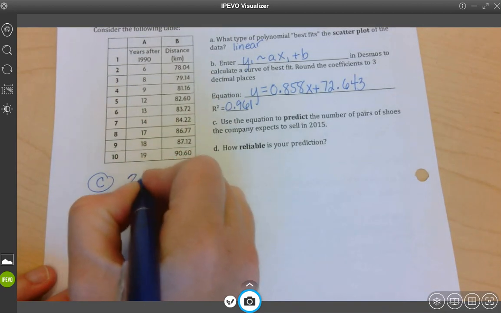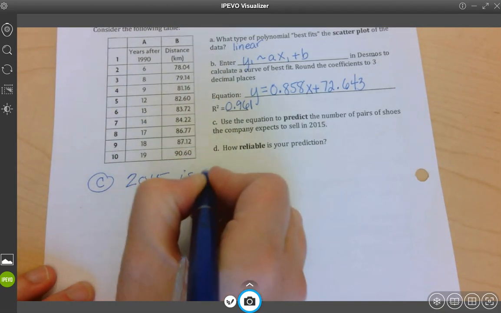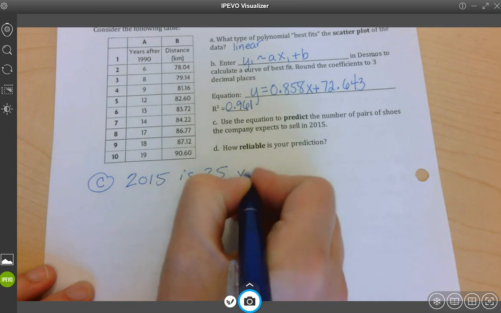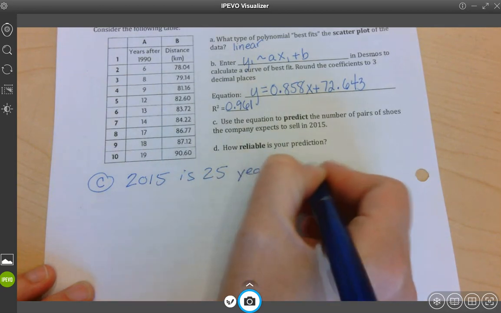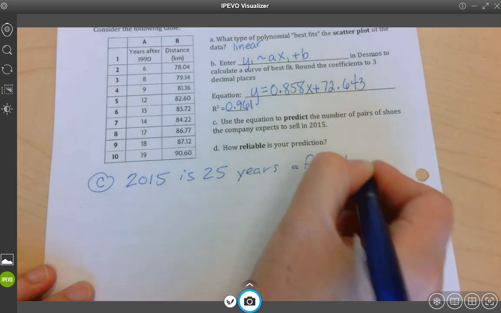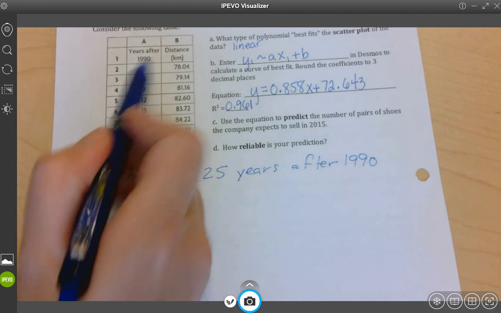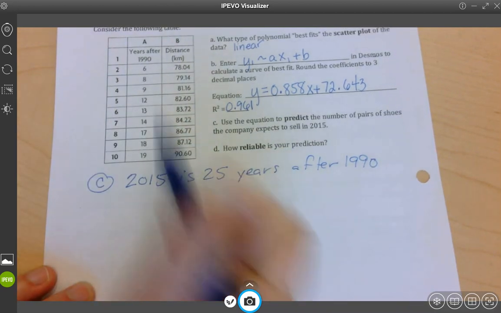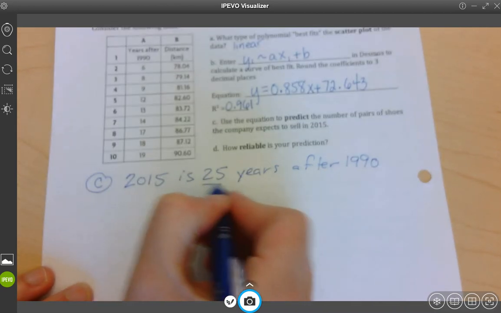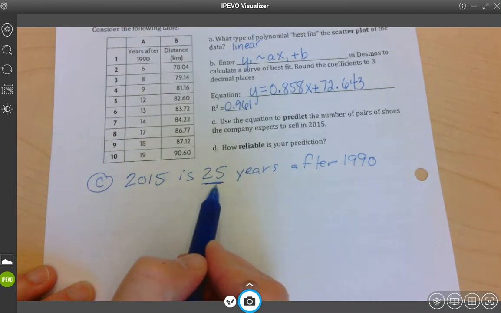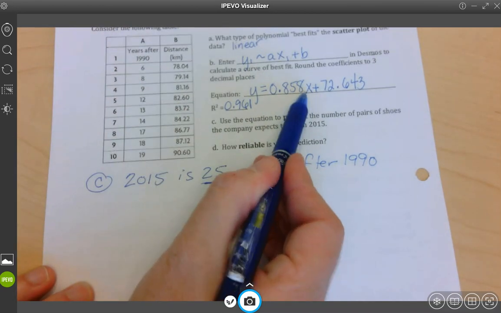So 2015 is 25 years after 1990. How could I figure that out if I didn't know? How did you get 25? Subtract it, right? So you would do 2015 minus 1990 and it would give you 25. So then we're going to put 25 in for our x.